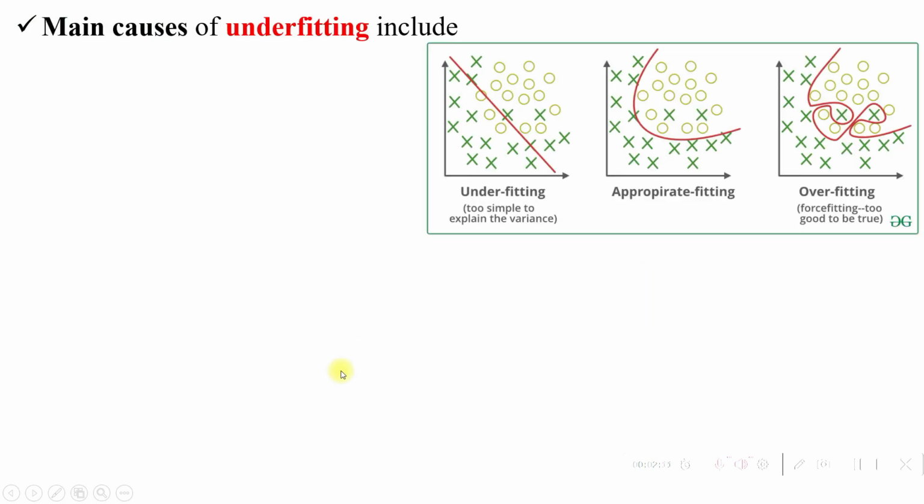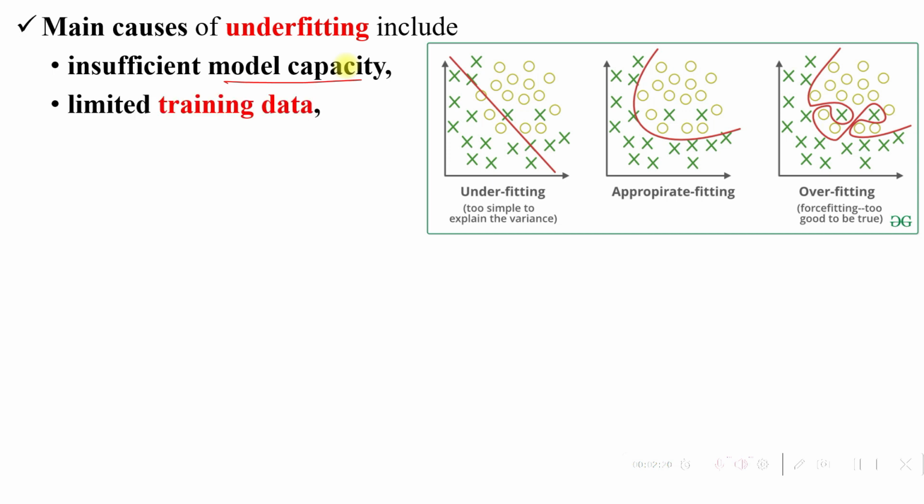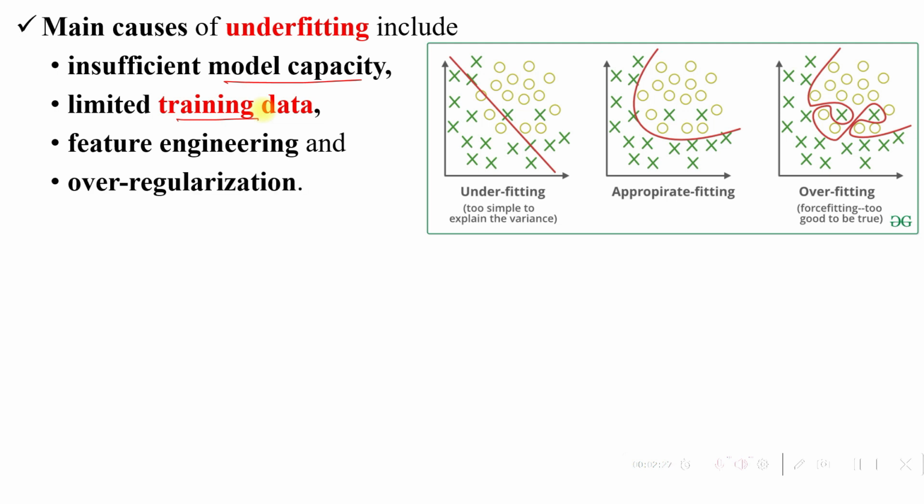The main causes of underfitting include insufficient model capacity, where the complexity of the model is very low, limited training data, no feature engineering, and over regularization. Because of these four things, we are getting underfitting.